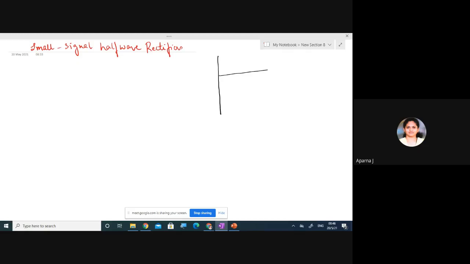Okay, this is the input signal you are going to give, and the corresponding output. So I'm talking about half wave. So you'll be having only one cycle, not the full cycle at the output.